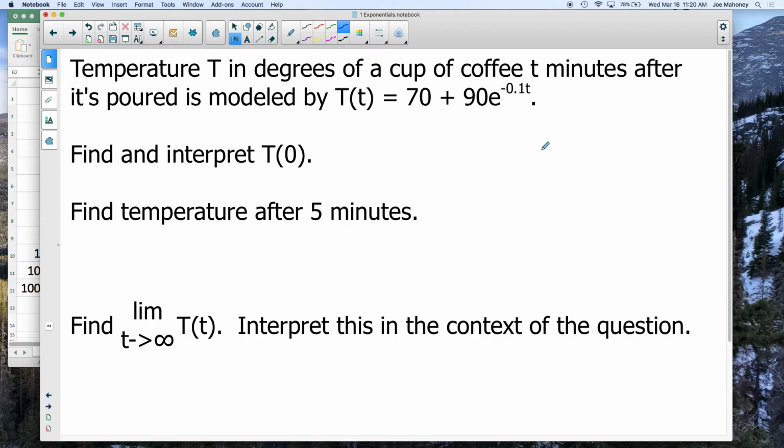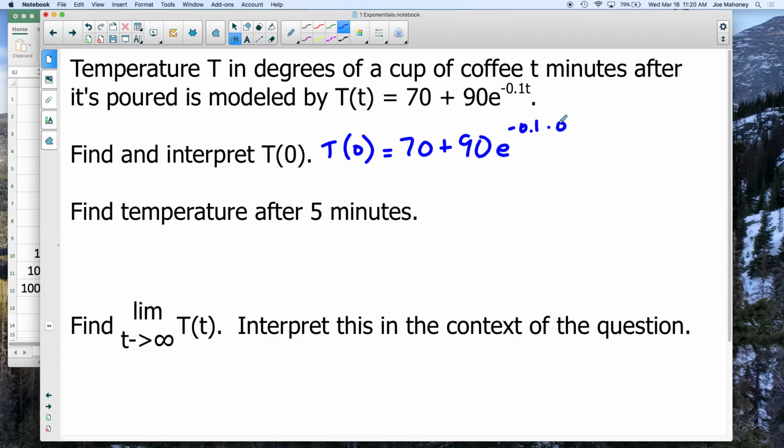All right, so first, let's find what T of 0 is. So T of 0 is when we plug in 0 for t, so we get 70 plus 90 times e to the negative 0.1 times 0. Well, when we multiply by 0, we get 0.